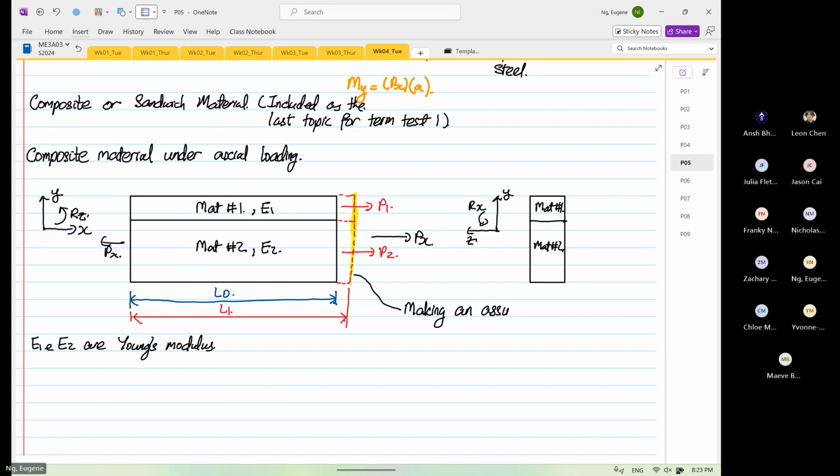The assumption is that the strain induced on both materials is the same.